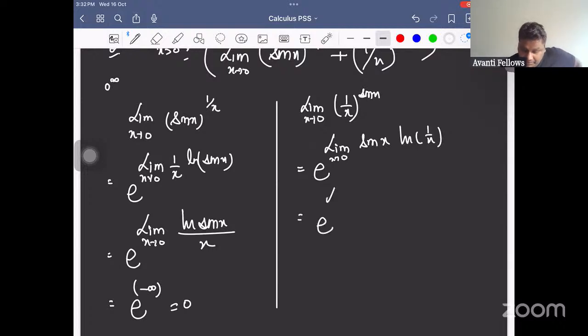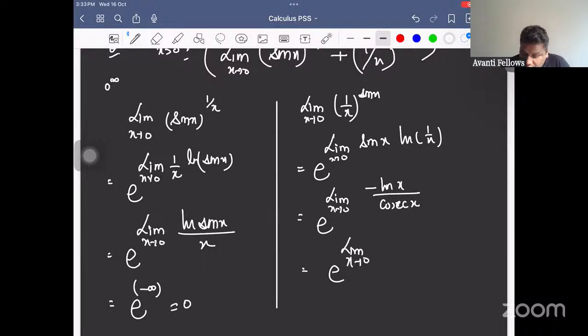That is e to the power limit x approaches to 0, minus of ln x upon sin x, I took in the denominator, it goes cosec x. Now ln x is what? As x approaches to 0, minus infinite, cosec x is also infinite. So we will use L'Hospital here.